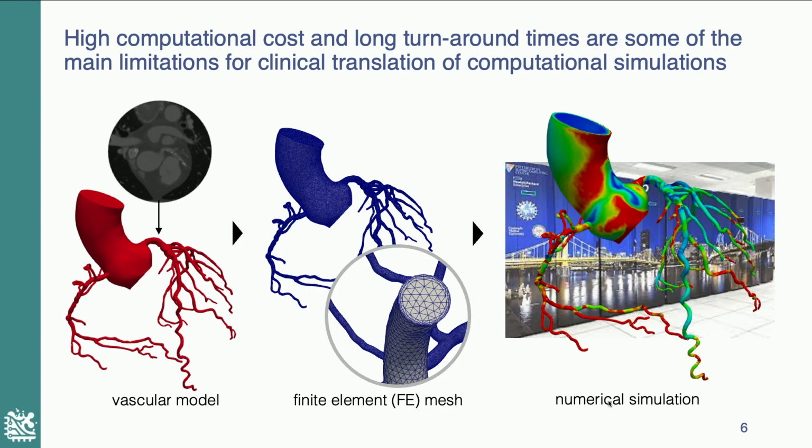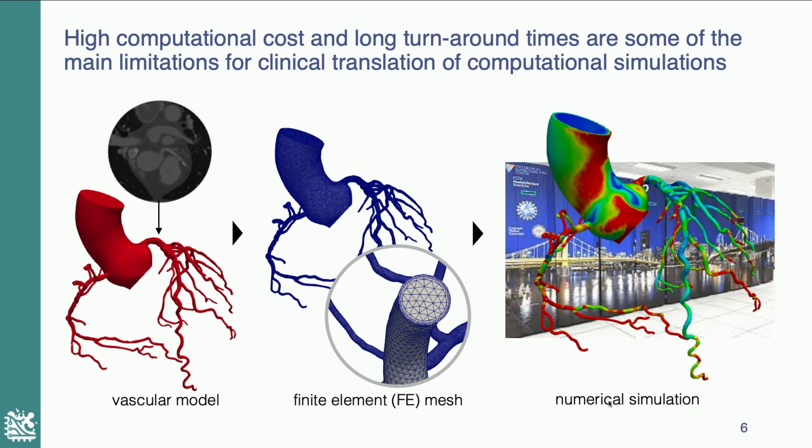So this is the typical pipeline for some of the simulations that I work on. We do a lot of image-informed CFD, and this is an example of a coronary anatomy. We want to simulate the flow in the coronary arteries and be able to predict whether someone may be at higher risk of developing a stroke, for example.